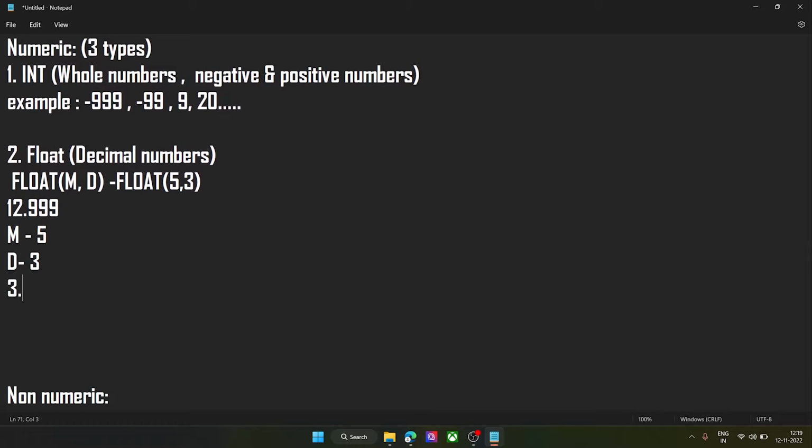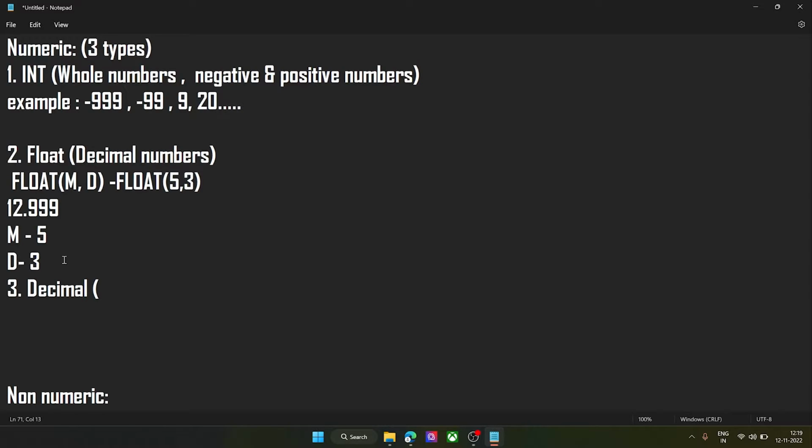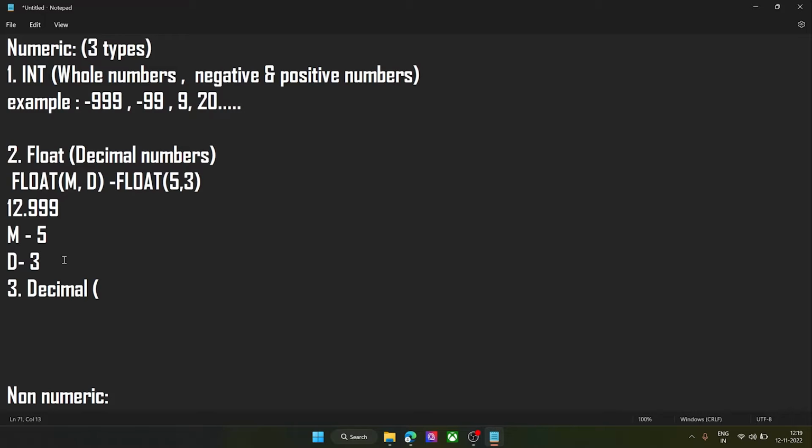We have a third type called decimal. It is also used for pointed numbers, also for decimal numbers.